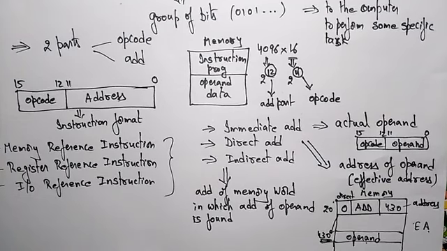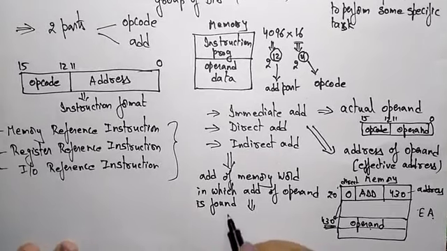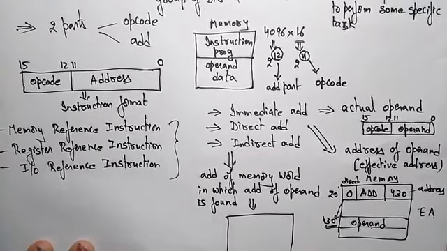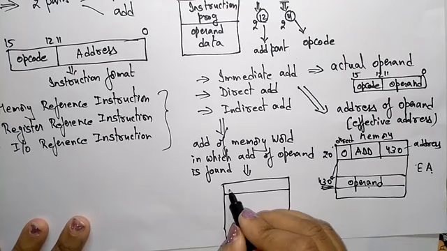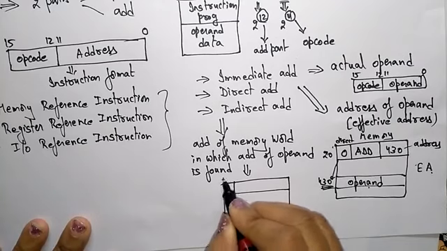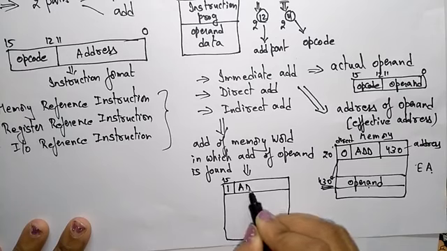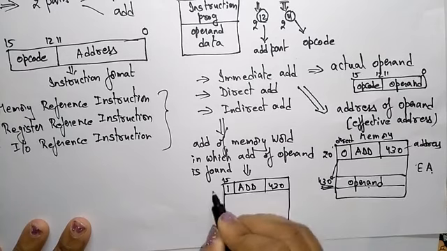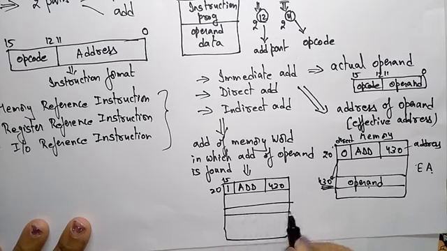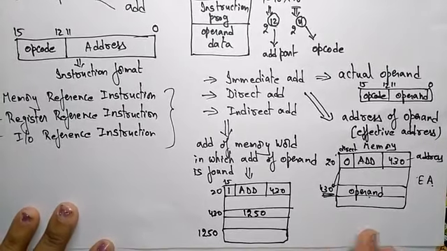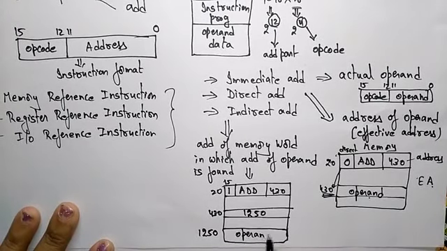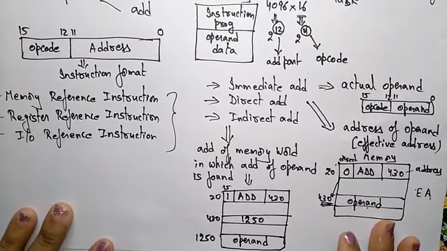Again you have to go to that particular address. So if it is indirect addressing, you keep the 15th bit, the I bit, as 1, at 430. In that 430 location you have the address of the operand. Again you have to go to that address, and there you will find the actual operand. So this is indirect addressing.